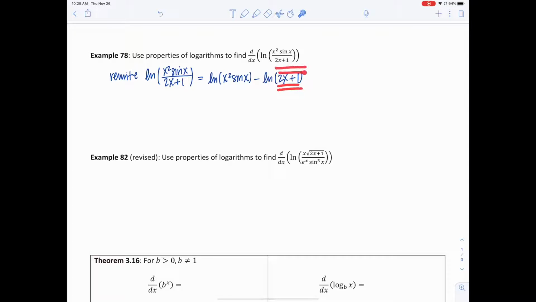This is a sum that stays inside the log. So ln of the first factor, added to ln of the next factor. And then finally, I can use the power property to bring that 2 down in front.